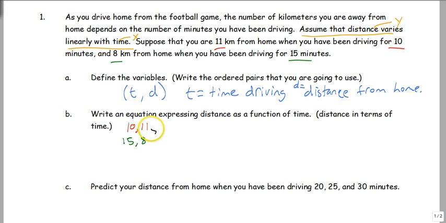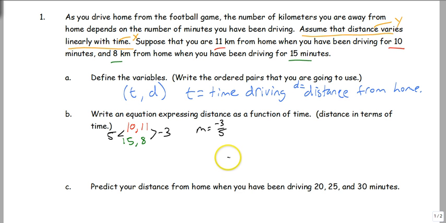So first thing I'm going to do is find the slope. My slope for this problem is -3/5. And now I'm going to take one of the points and find point-slope form, or find slope-intercept form from point-slope form. Now remember to use the letters you decided to use in the part above. If you decided to use x and y, that's fine, but then you have to use those.